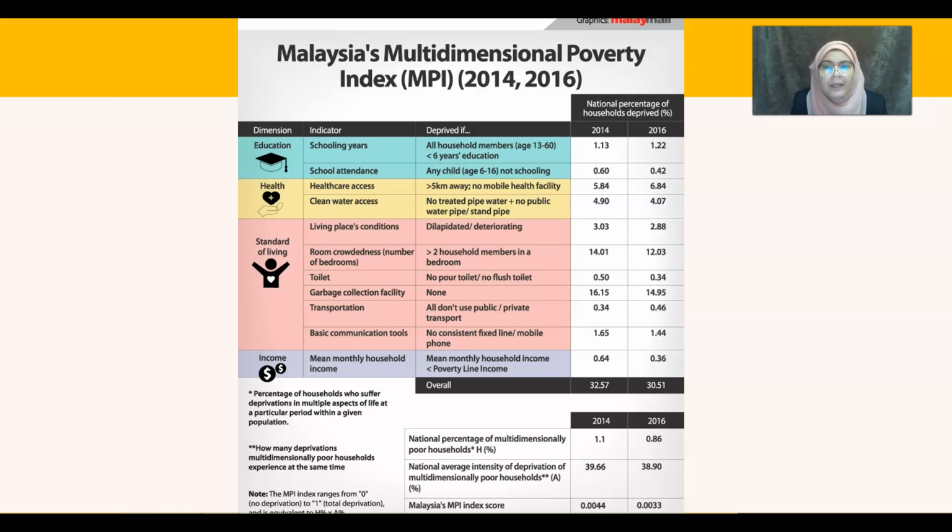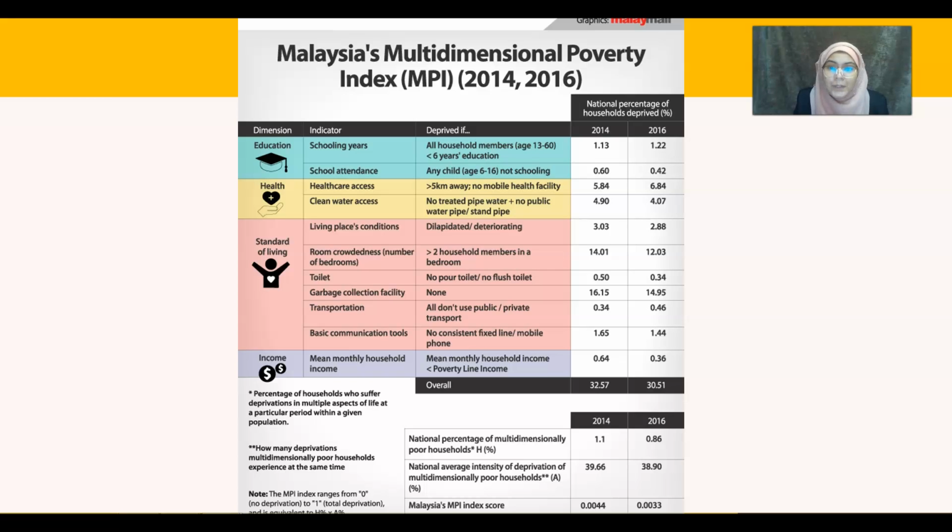The second dimension is health, where they look at healthcare access and access to clean water. Those are the 2 indicators. For healthcare access, a family is deprived if they cannot access healthcare, meaning it is more than 5 kilometers away and there are no mobile health facilities.